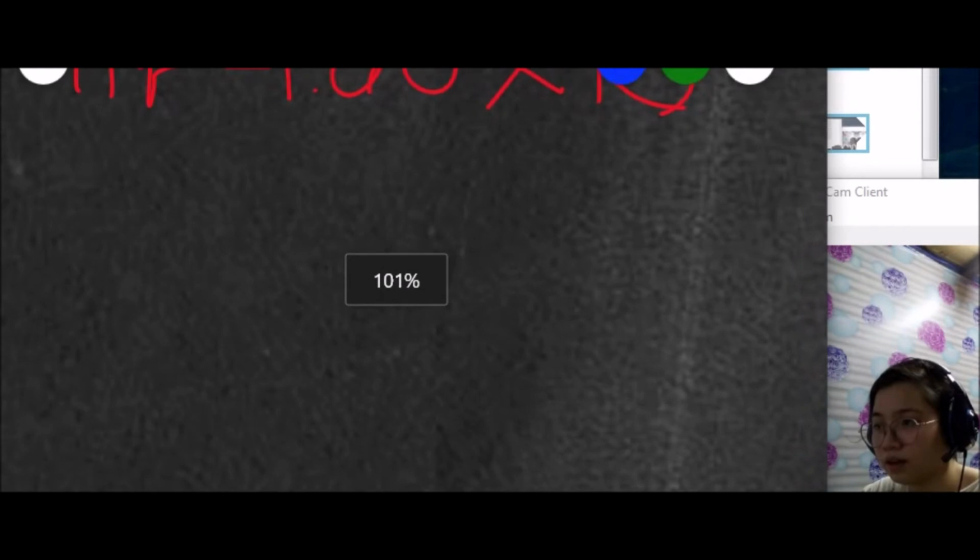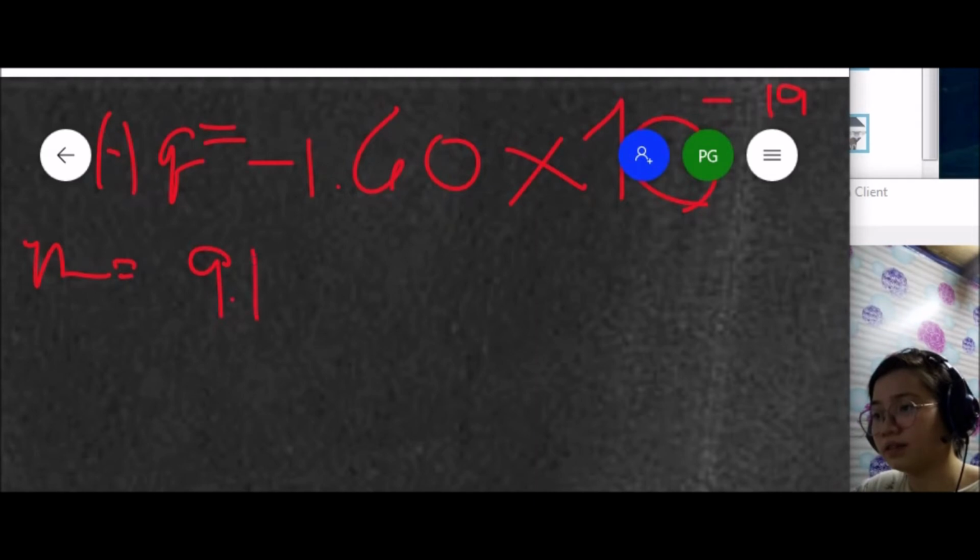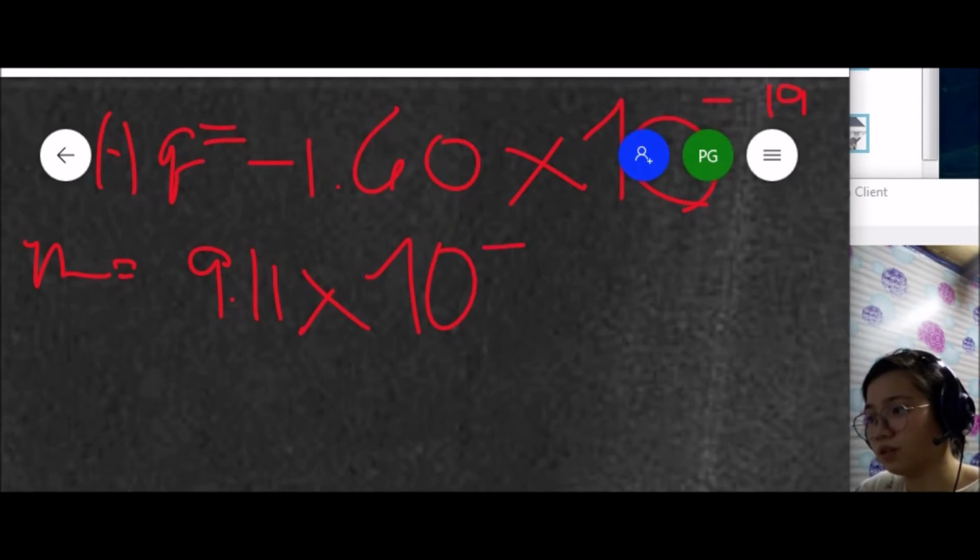Next is the mass, which is also a constant. It is 9.11 times 10 to the negative 31 kilograms.